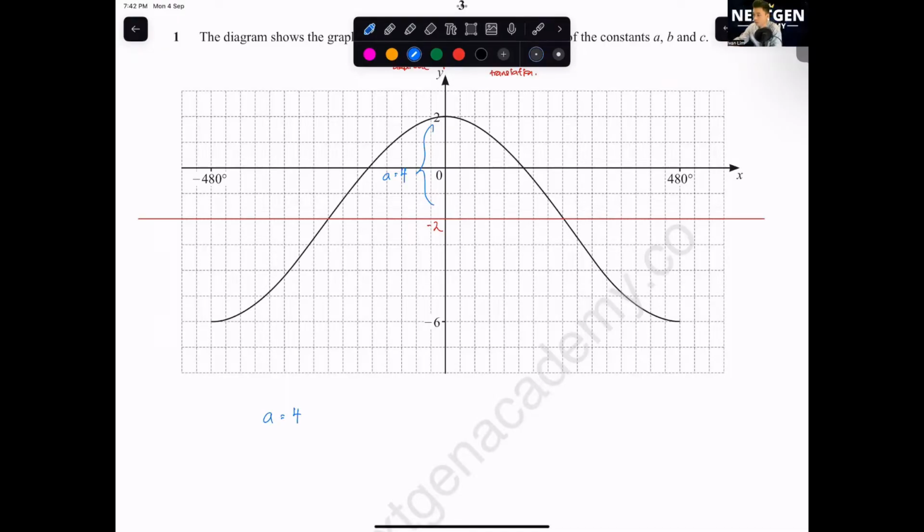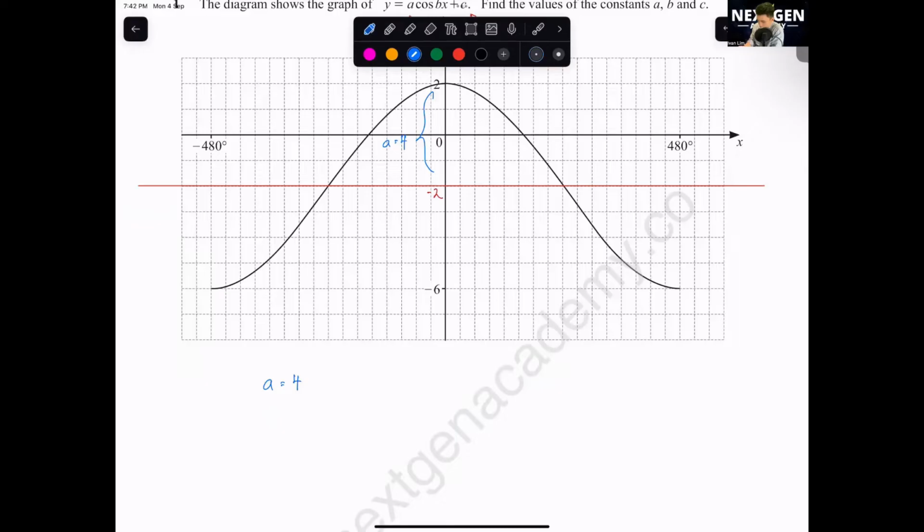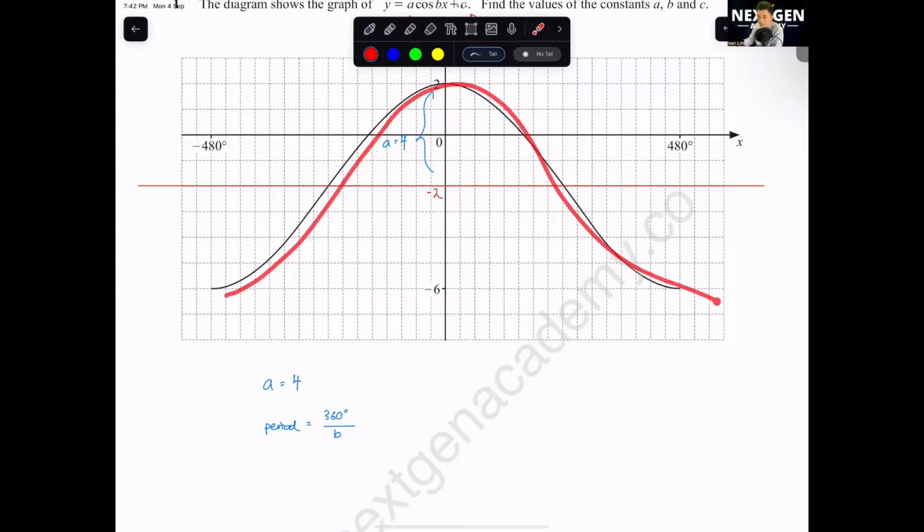Okay, next one, b. How do I find my period? What's the formula of period? The formula is period equals 360 degrees over b. How do I see where the period is? You see here, this is an inverted cos graph, right? This is one cycle, so you need to find the period from here to here.